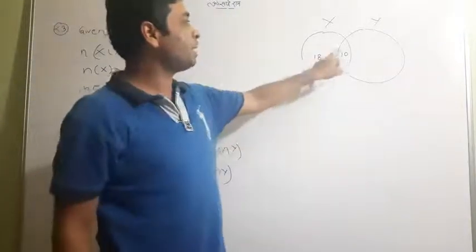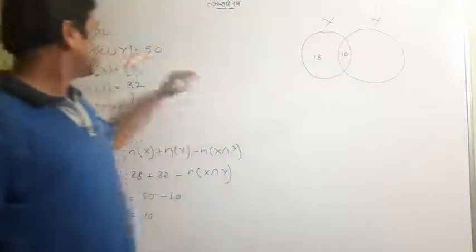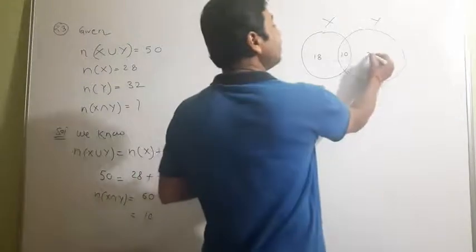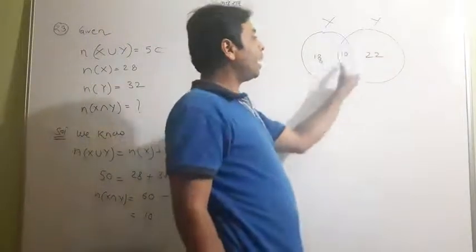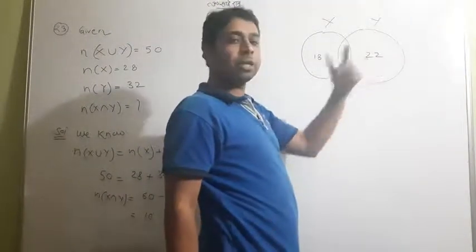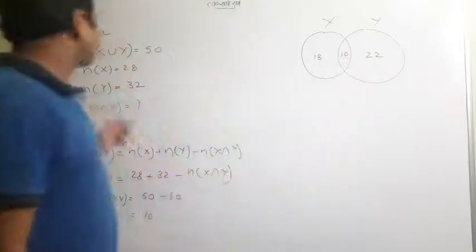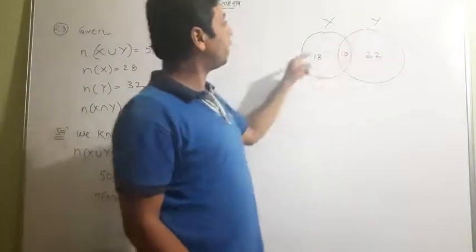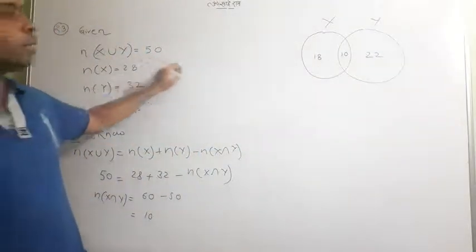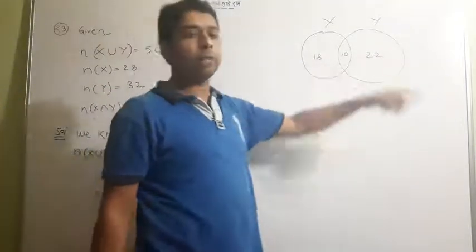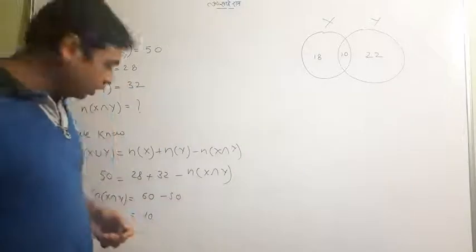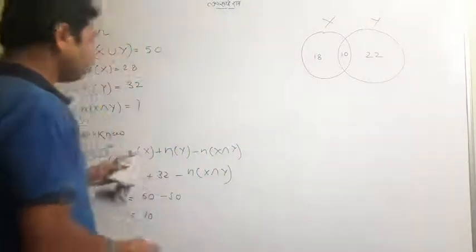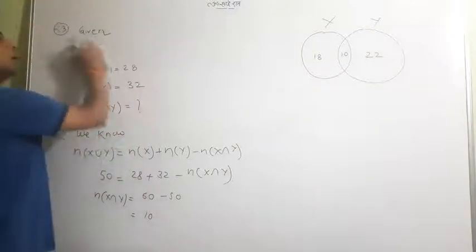Because 18 plus 10 is equal to what? 28. Now N of Y was 32, so it is definitely 22. Now if you say Y has 22 plus 10 is equal to 32. So this kind of structure will form, and the whole N of X union Y, look, X union Y was 50 elements. You add this and this, you will have 50 elements. So this is the only thing I wanted to share with you. This is an important formula, and by this you can find all the answers.